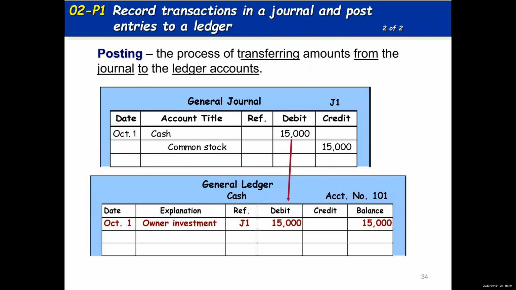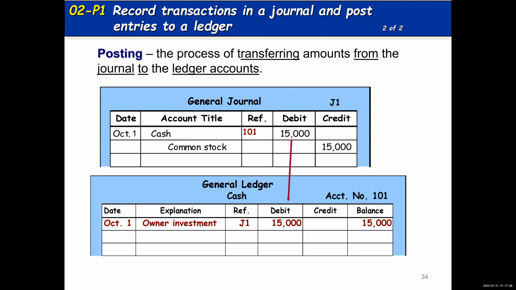What's interesting is we cross-reference the journal with the ledger. We already did it one way with the J1, but we also do it back to the journal. What account number is this? 101. So we're going to put that 101 up here. It's like going to the library and you have a card catalog.